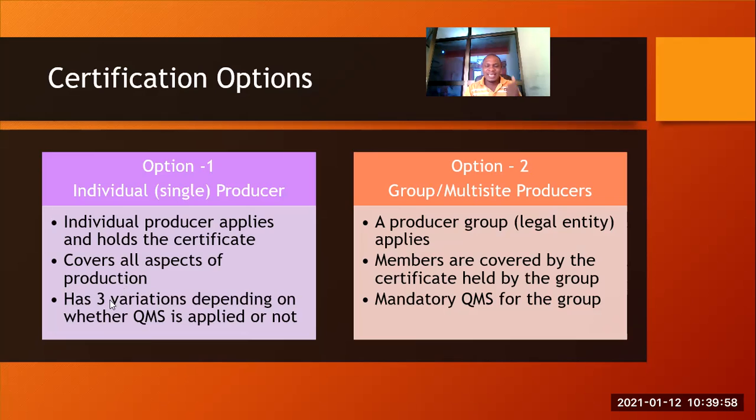Then the third variation is that you can be a multi-site, but you can decide not to operate with a quality management system. As we go on, we will explain further what a quality management system is. So the third variation is you can decide to go without the quality management system.